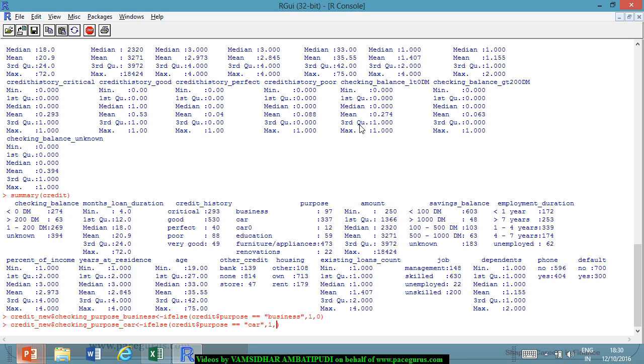Similarly, one more variable, credit purpose equal to car0, I will set it as 1 else 0. So in both cases I am setting it as car only.